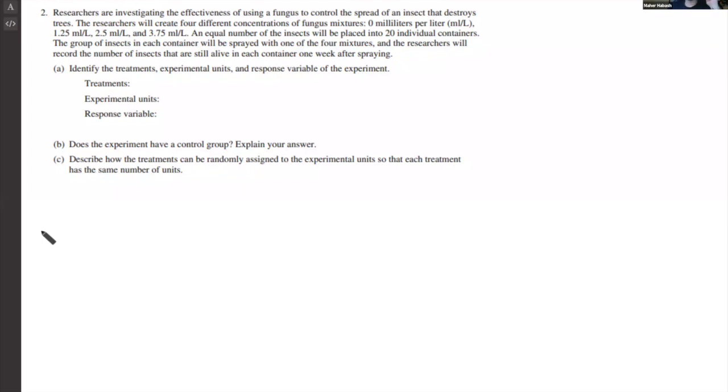And why is 0 important? You have to say a quick sentence on that. What does doing 0 allow you to claim later on?